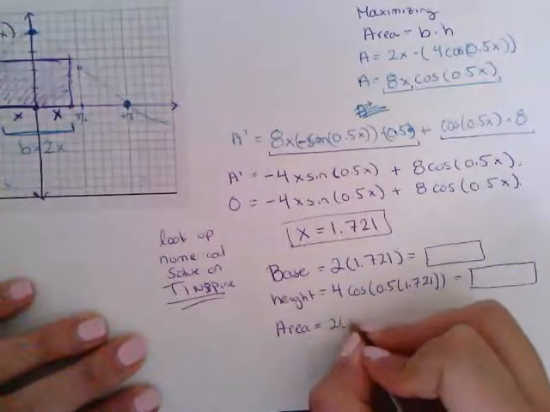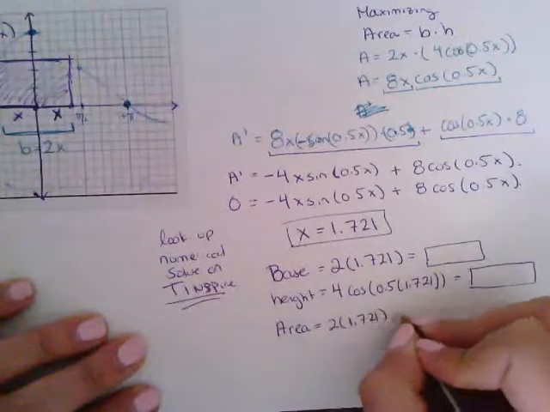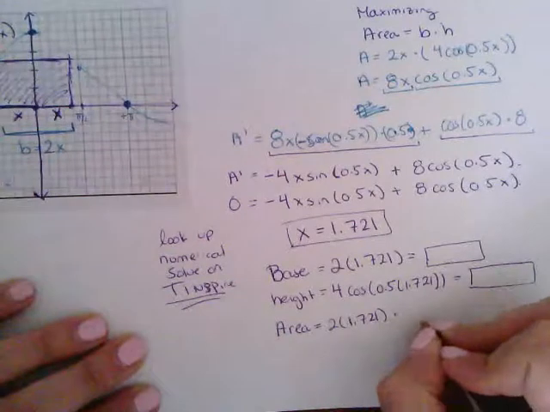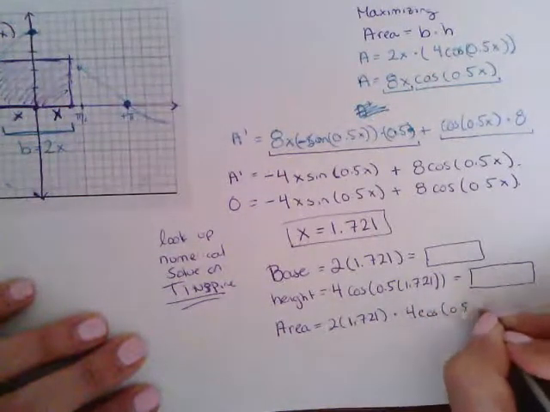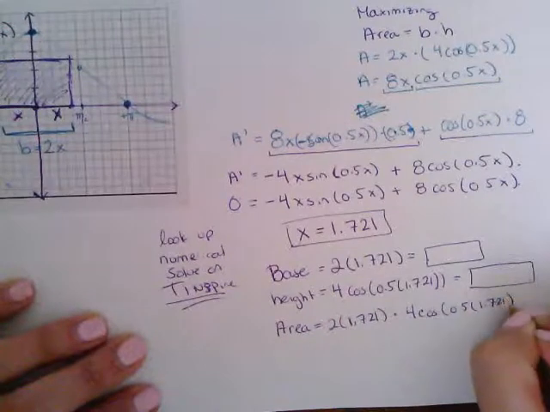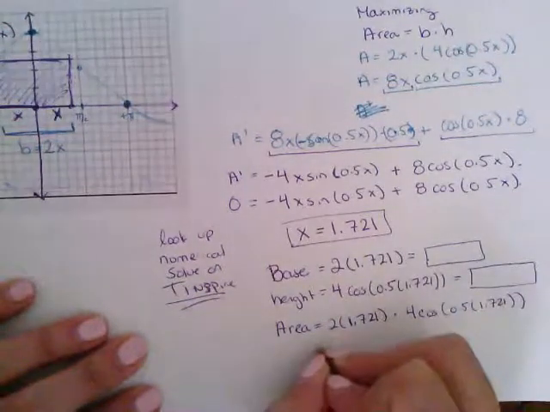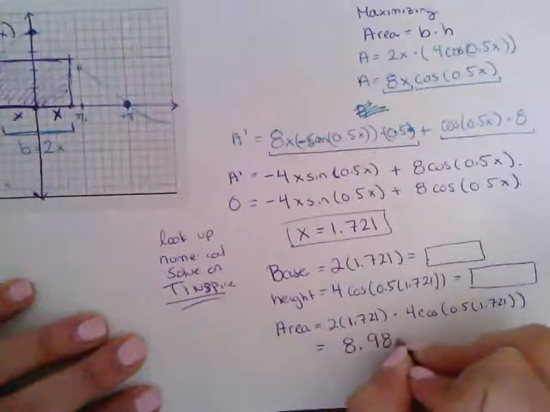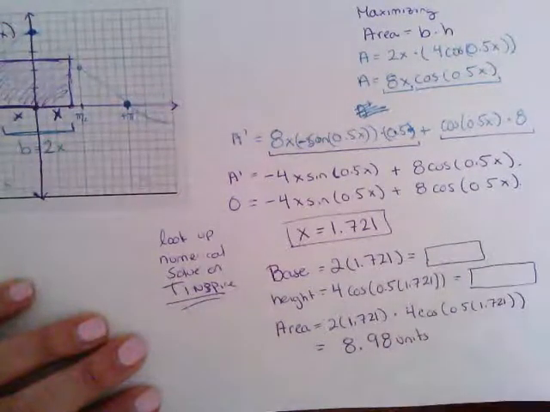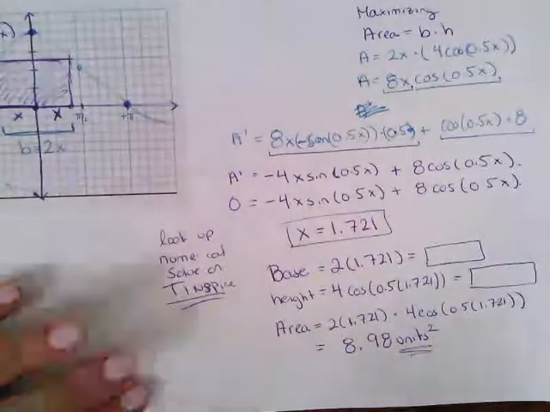So 2 times 1.721 times 4 cosine of 0.5 times 1.721. And that gives us 8.98 units squared. They don't give us the units, so we use the word units.